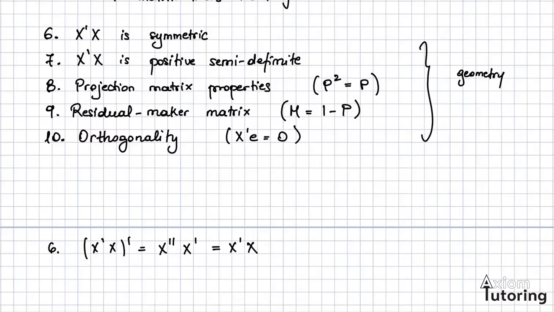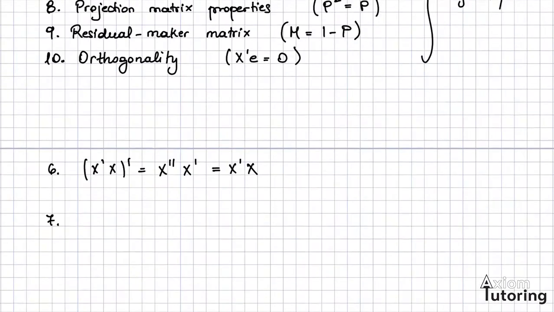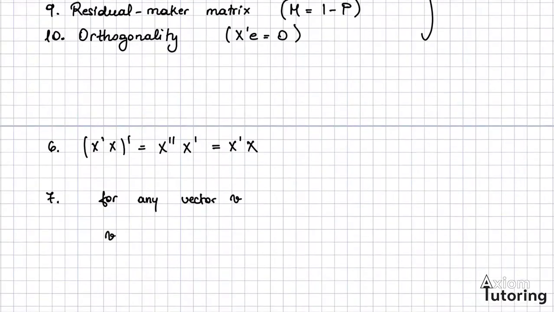which is the fact that this X transpose X matrix is positive semi-definite. And this is a very, very important property of this matrix, which means if we take any vector v, we can actually show that the transpose of v times X prime X times v, so if you notice, I have added the transpose of the v and v as it is to envelope this matrix, is going to be equal to (Xv) transposed.